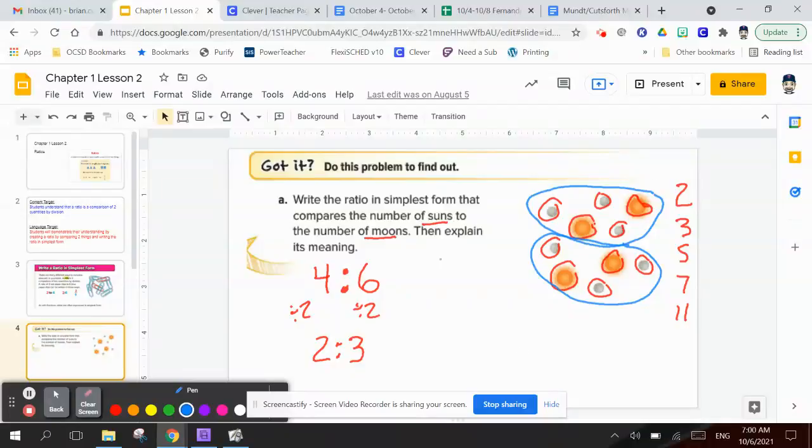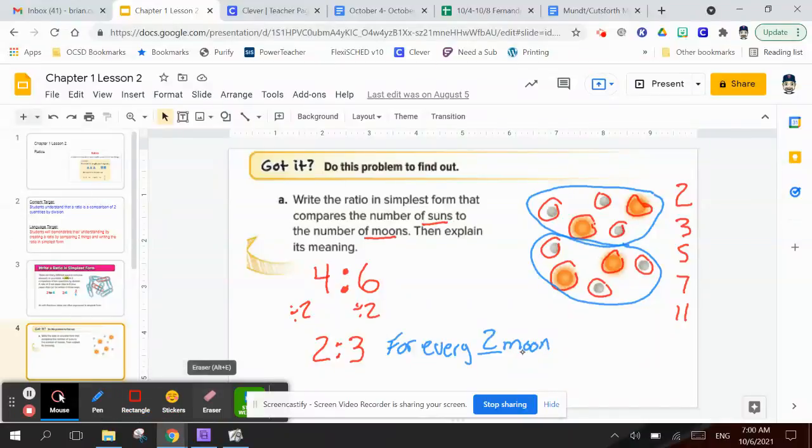So when you explain that meaning, it's simply saying, for every 2 suns, there are 3 moons.